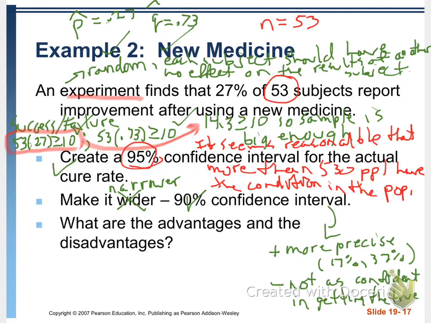It's narrower, so we're a little bit more precise, but the downside is we're not as confident that we got the real one.